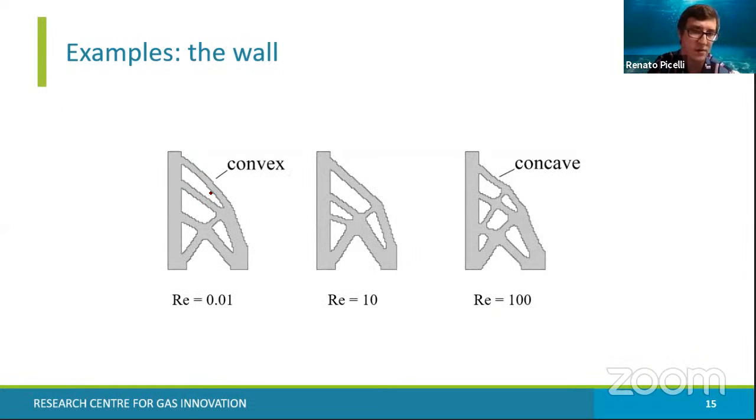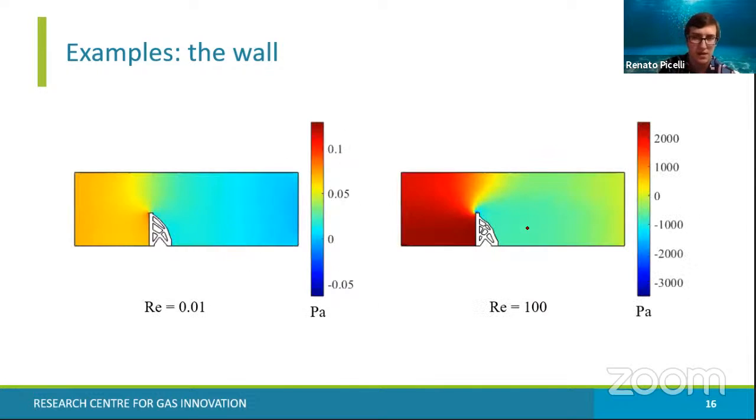This is the CAD file I extracted from the software, and we have observed that for very low Reynolds number, the outer shapes of the structure were more convex, while for higher Reynolds number they are more concave. And this is because, to my observation, and please look here, this is the pressure field of the fluid flow. For very low Reynolds number, we have a positive pressure on both sides, creating crushing loads in the structure.